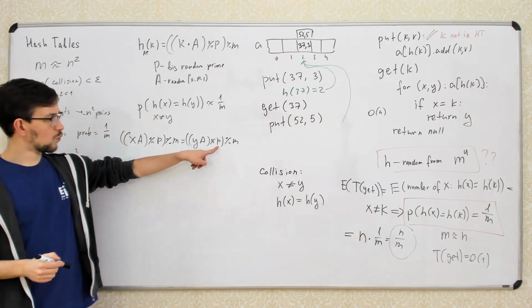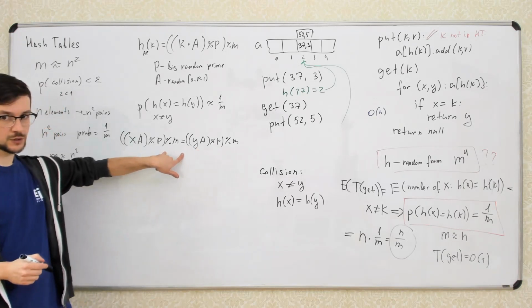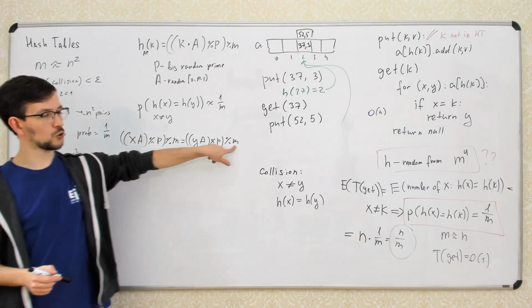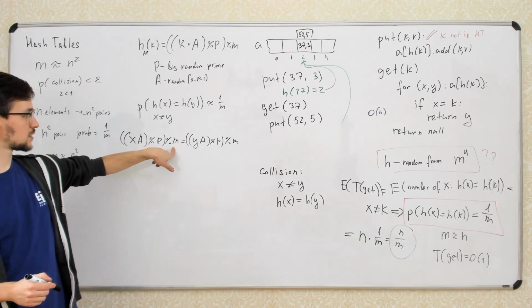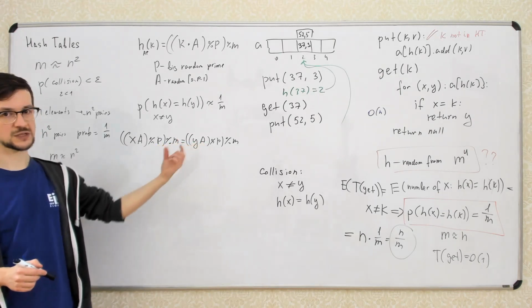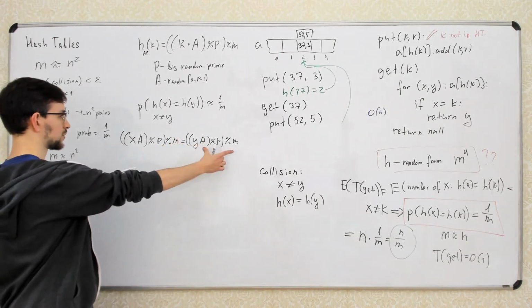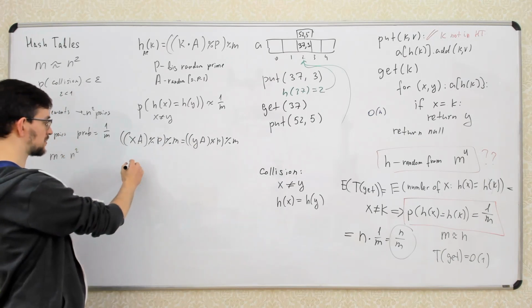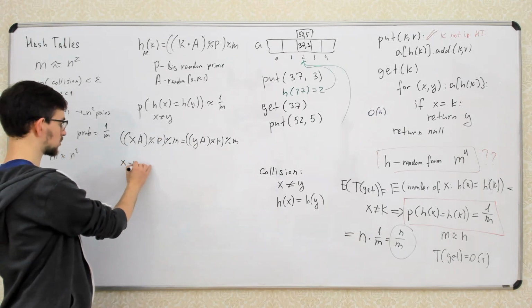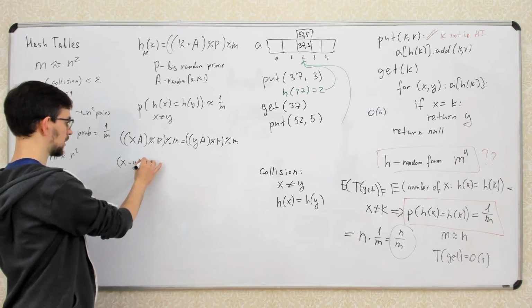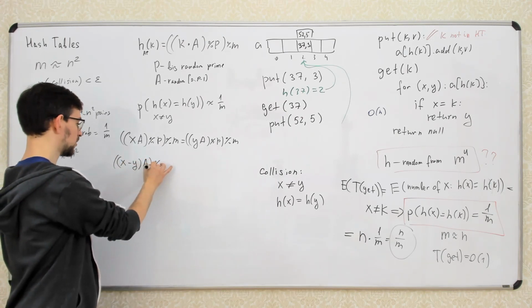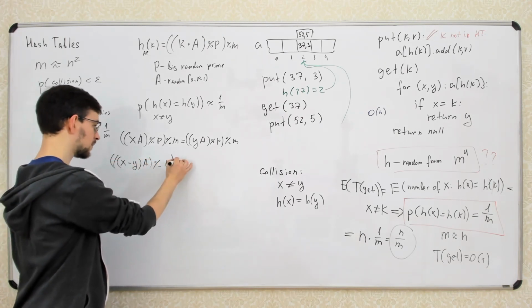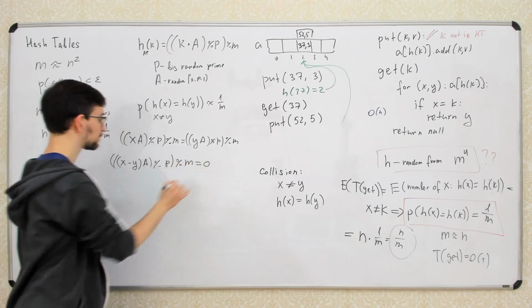Now I'll move this to the left, and since I have the same modulo here, I can just have this minus inside the brackets. If I put this to the left and simplify, I will get (x minus y) multiplied by a, modulo p, modulo m, equal to 0.